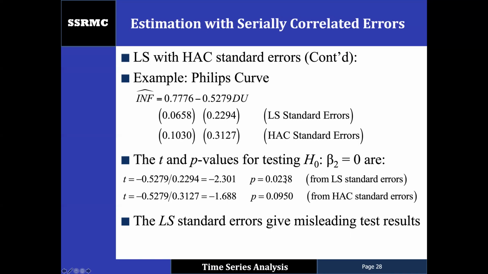The p-value is less than 5%. However, if we use the HAC standard errors, the p-value is actually over 5% and is nearly 10%, which means the OLS standard errors give us a misleading test result, given the presence of autocorrelation in the residual term. So we should use the HAC standard errors, and that's the test result.